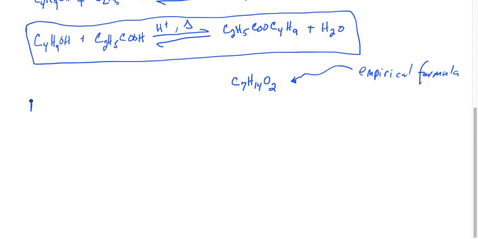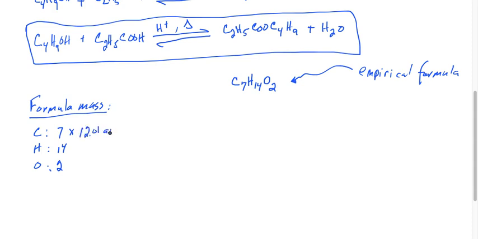So for the formula mass, we need the mass of the formula, obviously. So we have carbon, we have hydrogen, and we have oxygen. So now we just count everything. So there are 7 carbons, there are 14 hydrogens, sorry, 2 oxygens. So if you look at your periodic table, 12.01 AMU is the weight for 1 carbon atom.